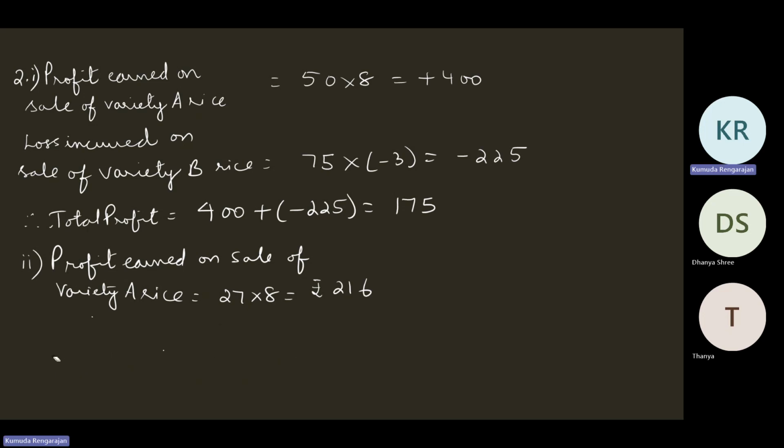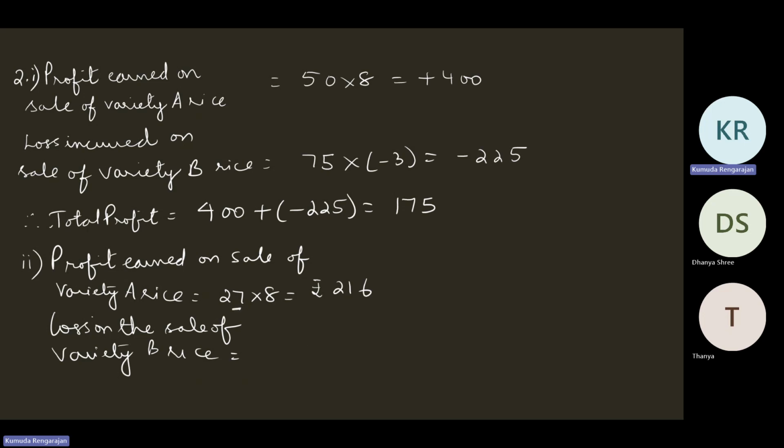You can actually write it in one line, but I'll do it separately also. So the loss on the sale of variety B rice is equal to... you always multiply the quantity with the loss per kg or profit per kg, right?